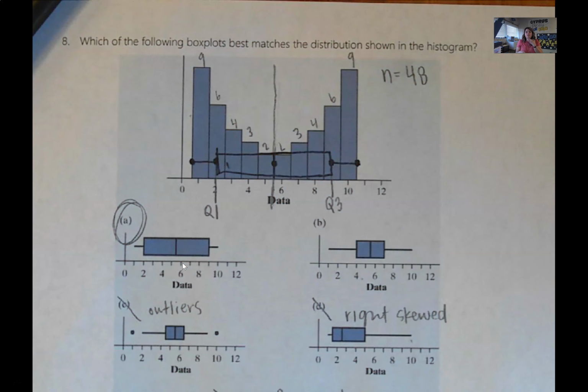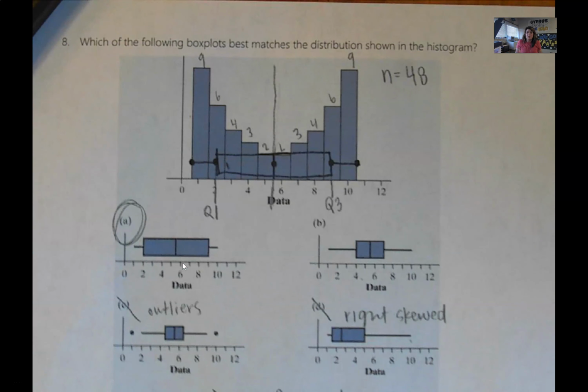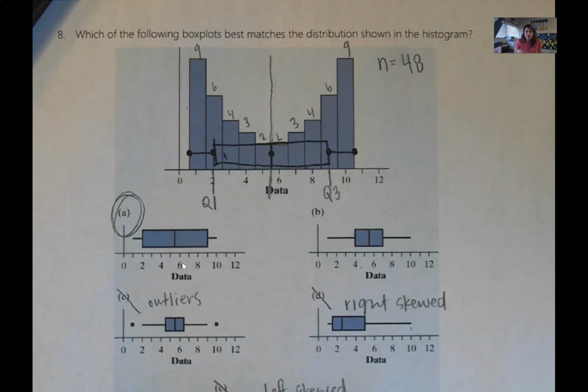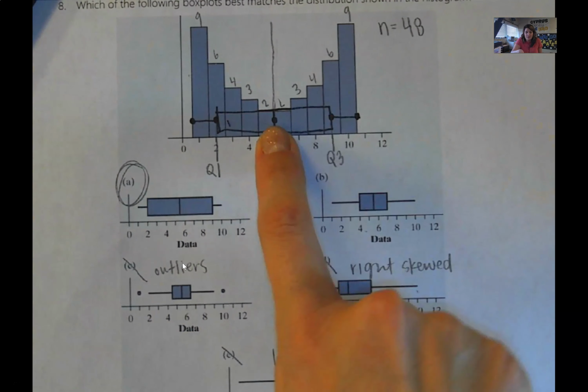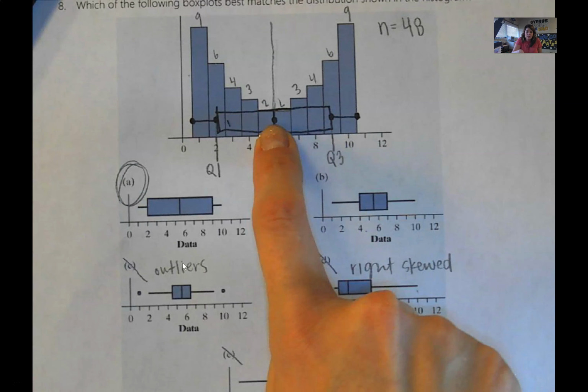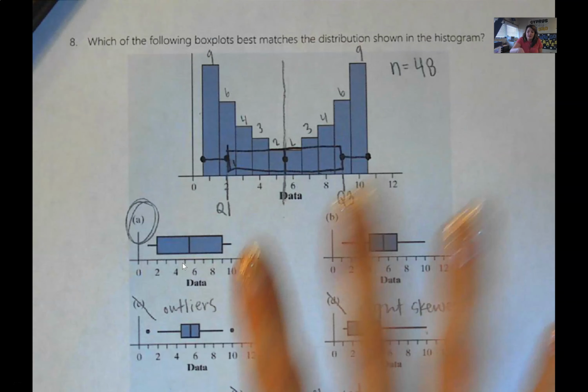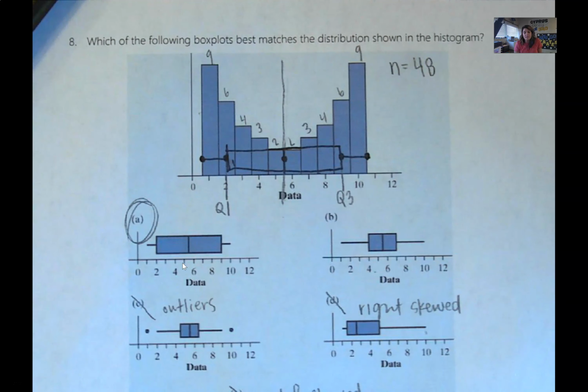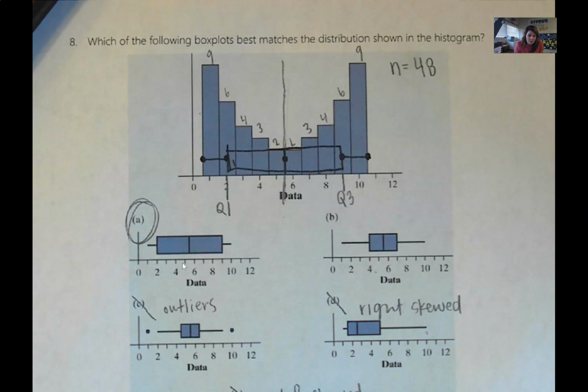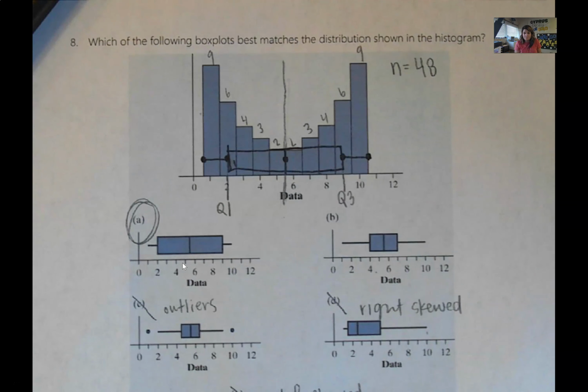So hopefully the visual explanation will help some of you. I know that that's hard, and if not, hopefully the box plot helps some of you. And at the very least, I'm hoping that estimating the frequency in the bars and finding median and quartiles helps you to know the shape, because this is an important skill.